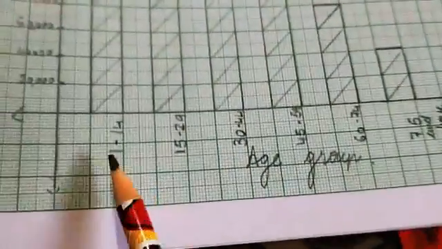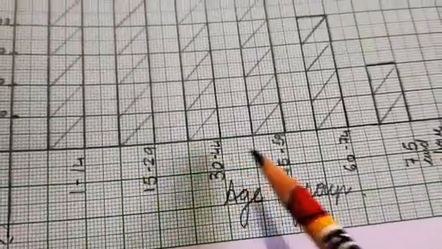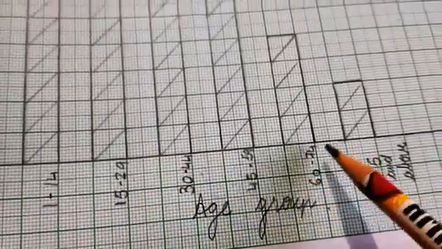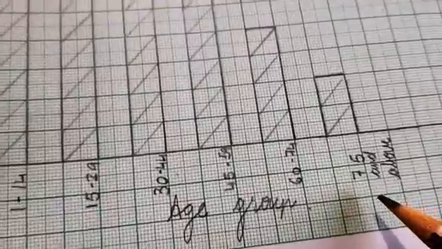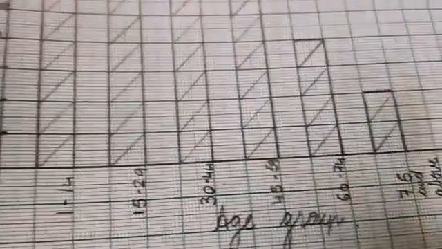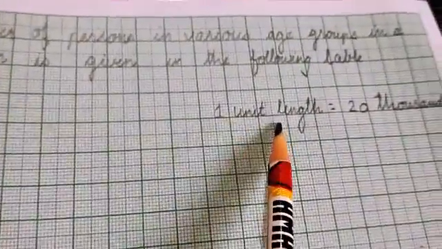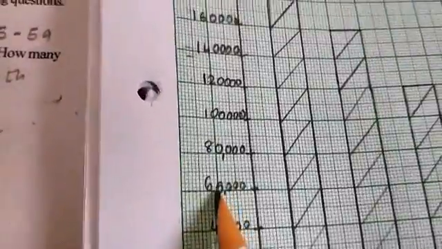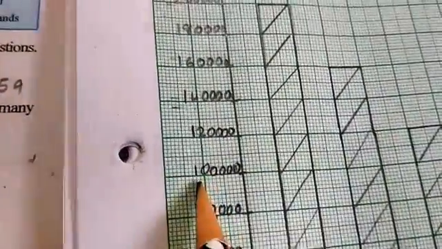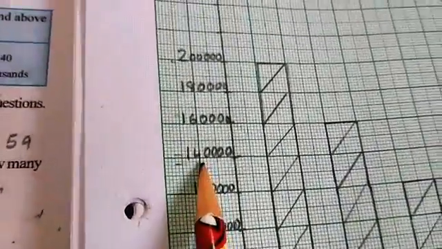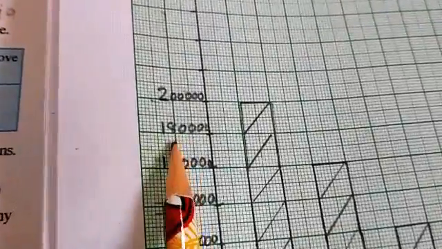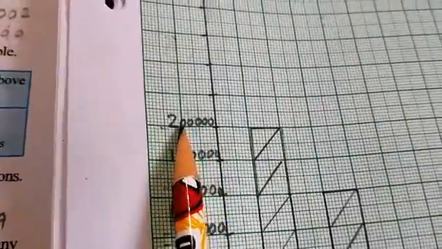Here you write the age groups: 1 to 14, 15 to 29, 30 to 44, 45 से 59, 60 से 74, right? And the last one is 75 and above. And here you write the scale. Here the scale is already given that 1 unit is equal to 20,000. So 20,000, 40,000, 60,000, 80,000, 1 lakh, 1,20,000, 1,40,000, 1,60,000, 1,80,000 and 2 lakh.